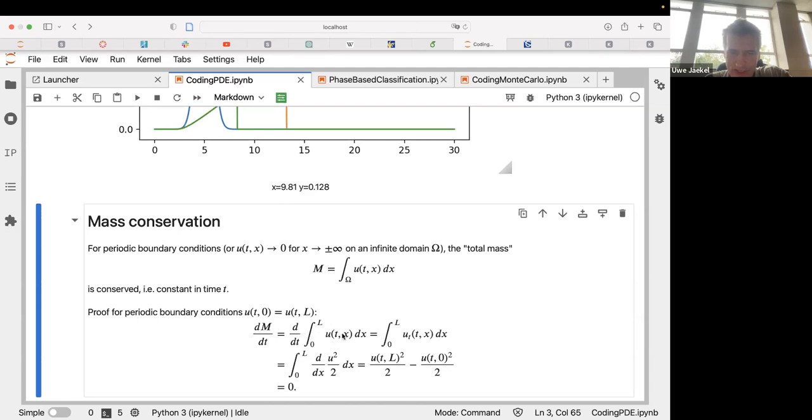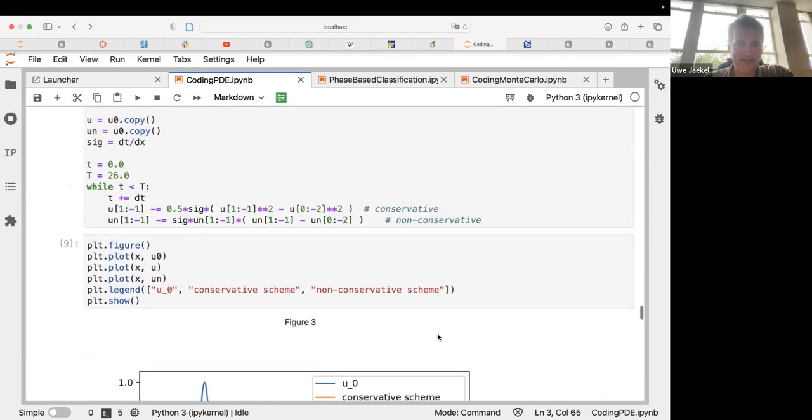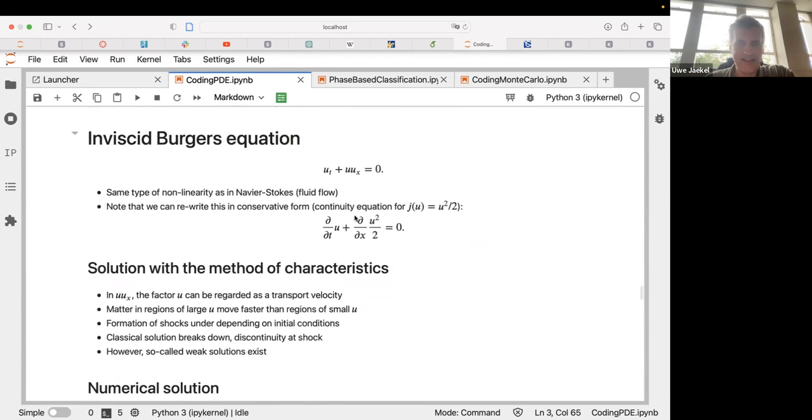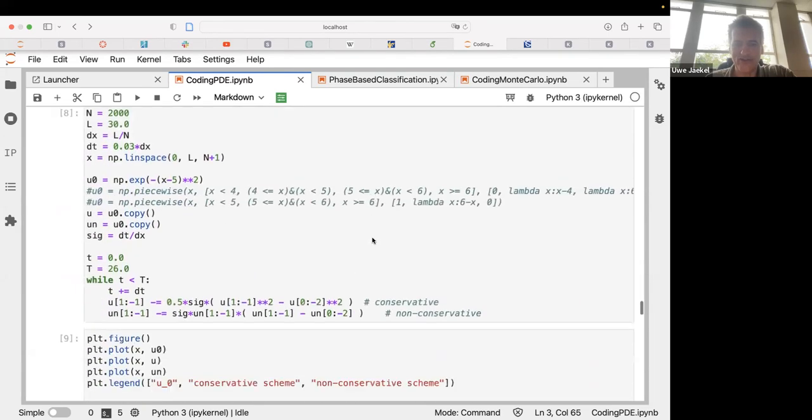and what we will get from here is the partial derivative with respect to time of u. Yeah, that's here. But now we know the Burgers equation. The Burgers equation says that the time derivative of u is minus d over dx of u squared over two, the half of u squared.